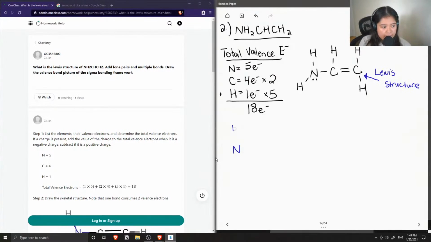Let me do the hydrogen in a different color. So we have 2 hydrogens, and we can show the sharing of electrons between the nitrogen and the 2 hydrogen atoms.